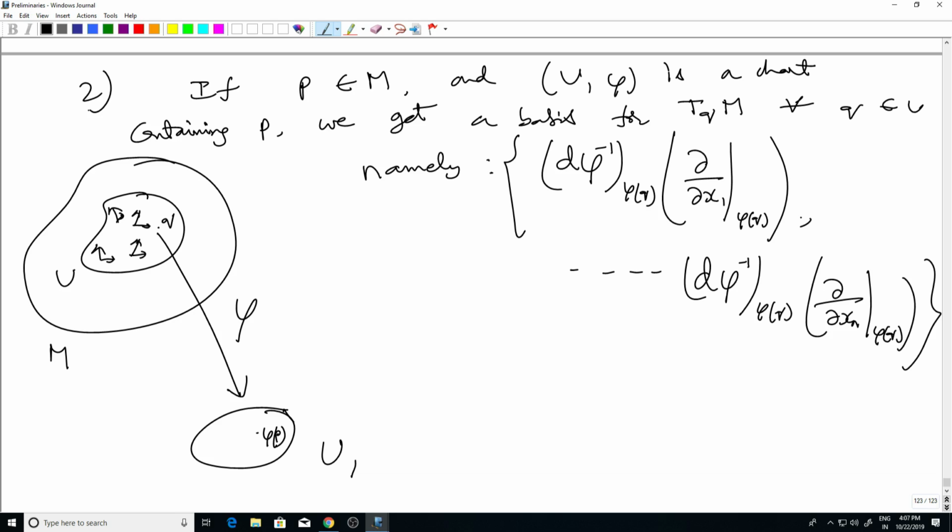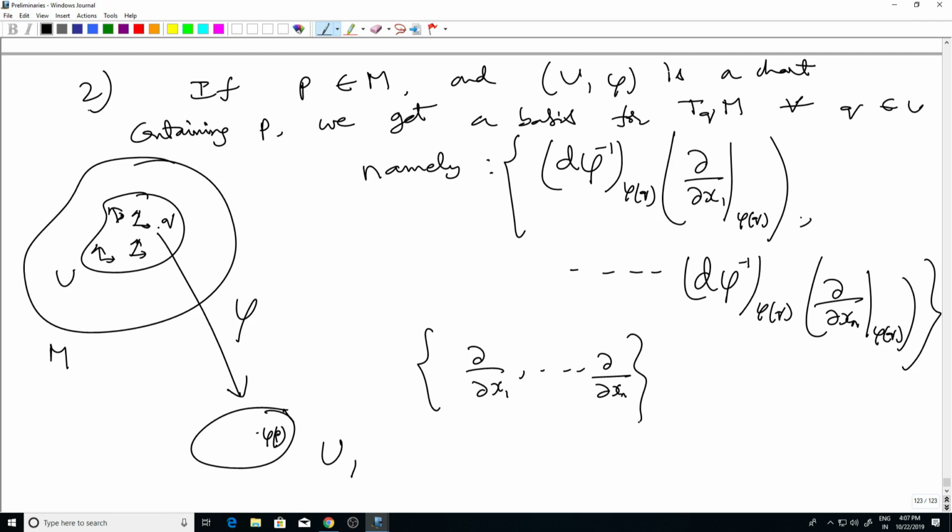This is very important, and usually one omits this d phi inverse etc. Usually one just writes del by del x1 etc. So this is the usual notation for the basis.